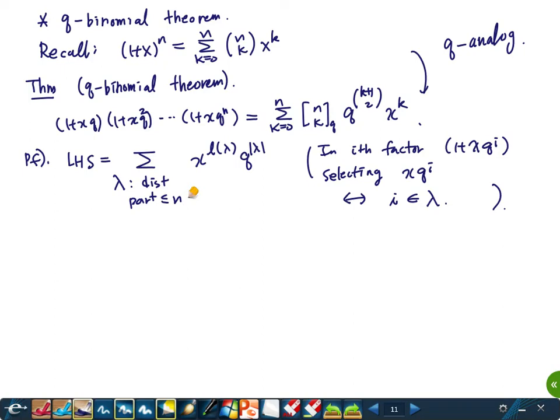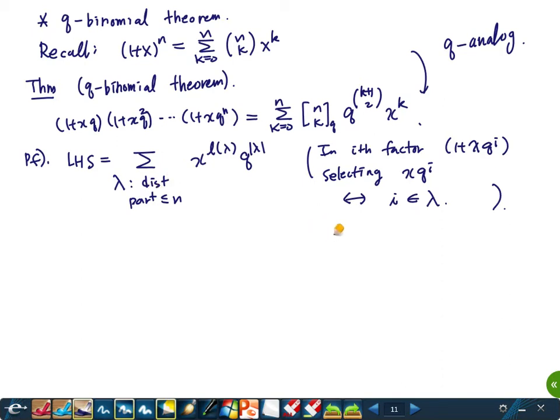All right, now what? The parts must be all distinct because you cannot select this twice. This is the only time you can select this. But instead of doing distinct parts, we want to have just the usual partition without this condition.